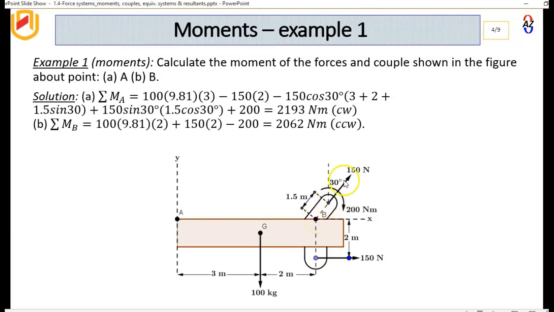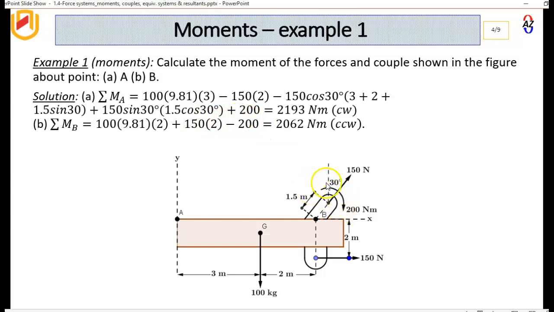And then this component of the 150 that's going horizontal, it will be plus 150 sine 30 degrees, and then the distance we're looking at from there to there is going to be 1.5 cos 30 degrees, which is what we see here. Okay, and since we assumed clockwise as positive, then we say plus 200.